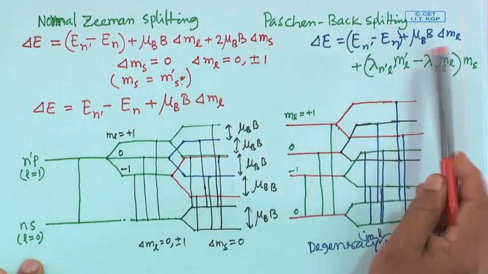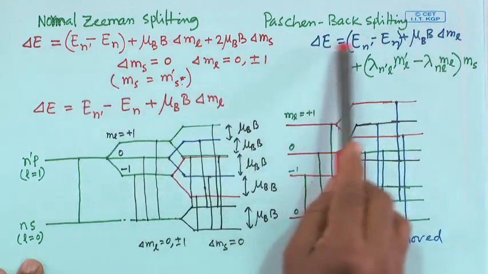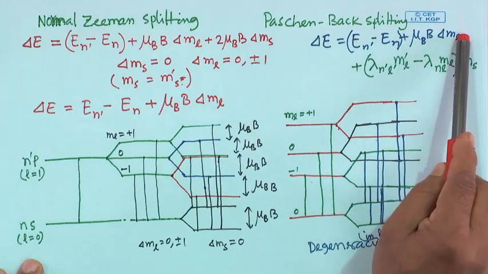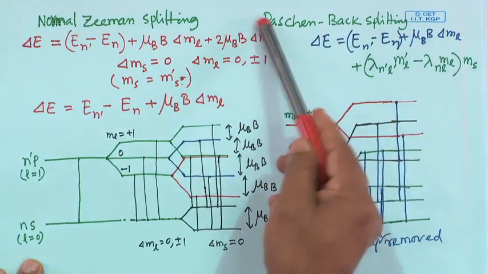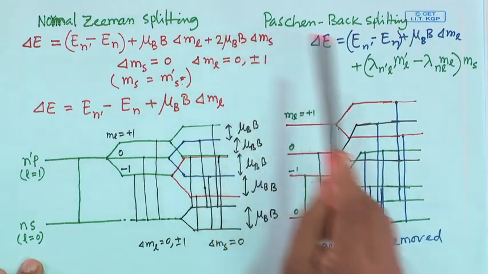And in the case of Paschen-Back splitting, what happens? So, this ΔE is equal to the same expression. I have not written Δm_s here, because I do not need it.